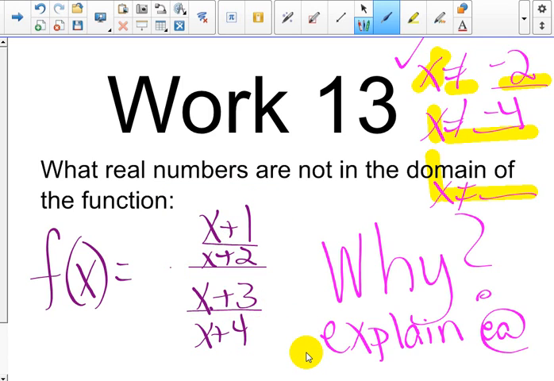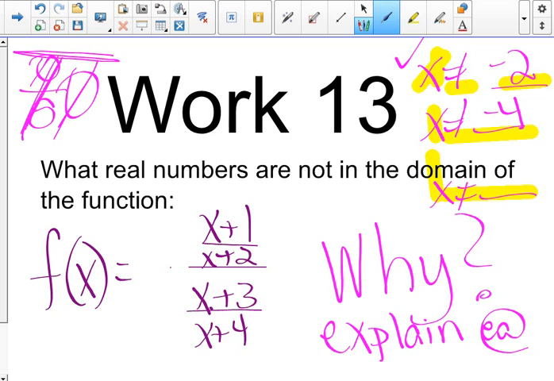Even if I had a valid fraction like 0 over 5, if that's in a denominator, it's still giving me a whole denominator of 0, which is wrong. So what else can x not be that would turn this whole thing to 0? Negative what? 3. Yes, there you go. See, you guys had it all along.